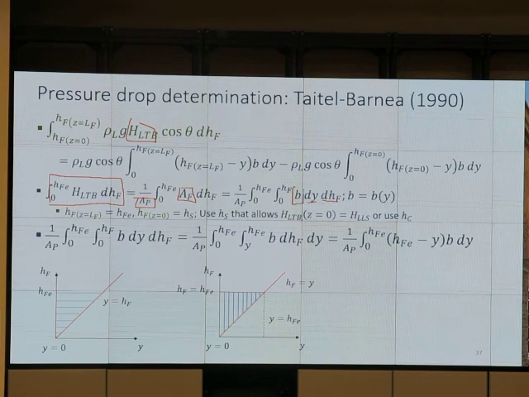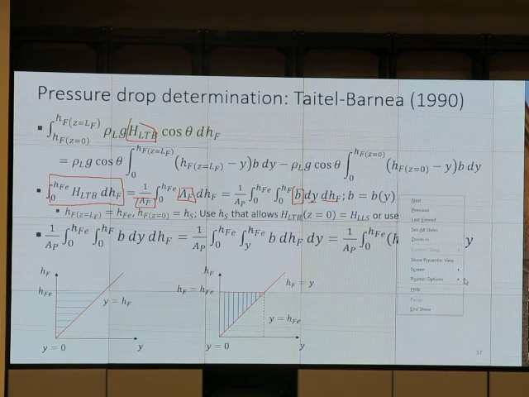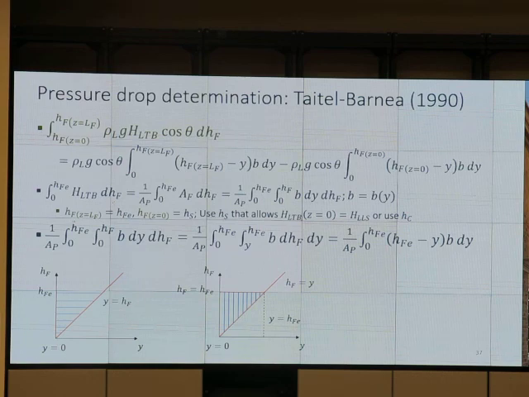That B changes with height. Y is a height coordinate. So this whole expression is just the expression for h_LTB dh_F at z equal to L_F. We have h_FE. At z equal to 0, we have h_FS. So that allows h_LTB equal to h_LS at z equal to 0.